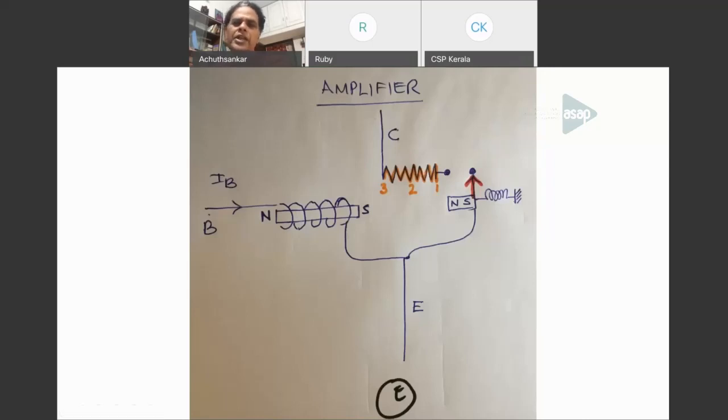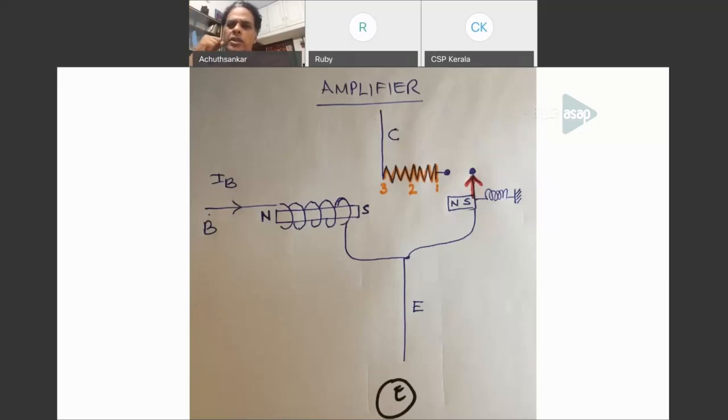Now, between the collector and the emitter, please trace carefully. You start from the collector, then you see the yellow colored resistor. I have noted 3 points there, 3, 2, 1. Yellow colored resistor, and then there is a break in the resistance at the end. Okay, and then you see a red pointer. The red pointer is tied to a spring onto a fixed wall.